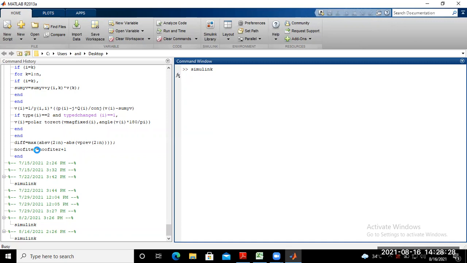Then, with the appropriate connections, you will simulate the circuit. So it takes some time.